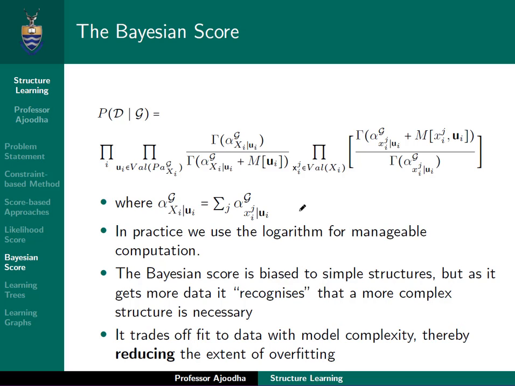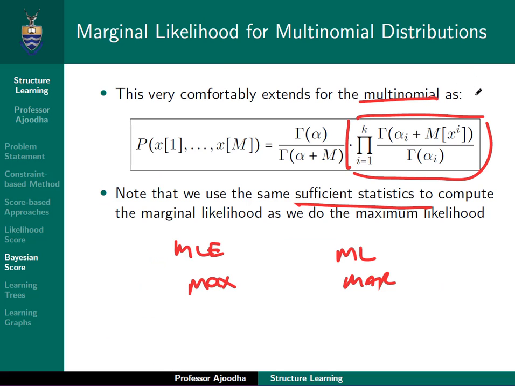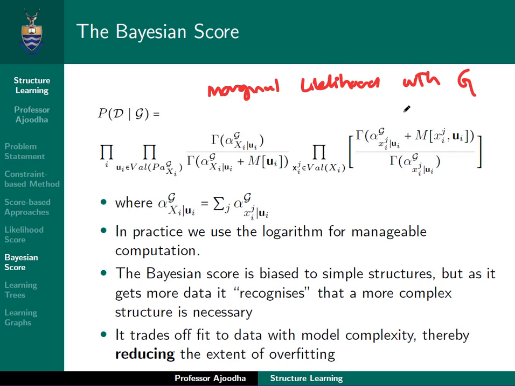It incorporates the marginal likelihood for the graph structure, with G. So before we weren't really talking about G, okay? This incorporates G, and G has nodes X, which has parents, assignments UI, and so on.